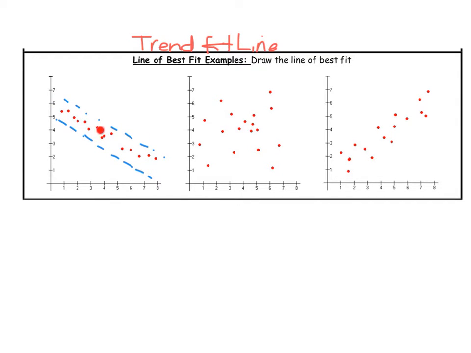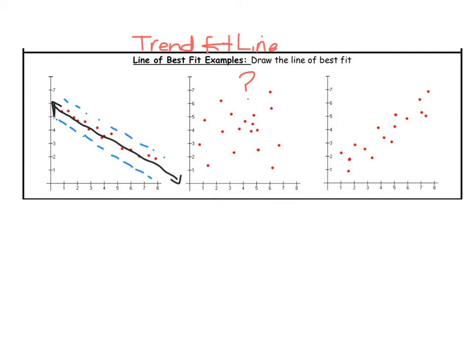It needs to go right down the middle of the data. It may or may not pass through points in the data, but our trend line needs to go through the center of the data. About half the points are above the line and half the points are below the line, and it ends up in the middle of these two dashed lines. And again, this one has negative correlation.